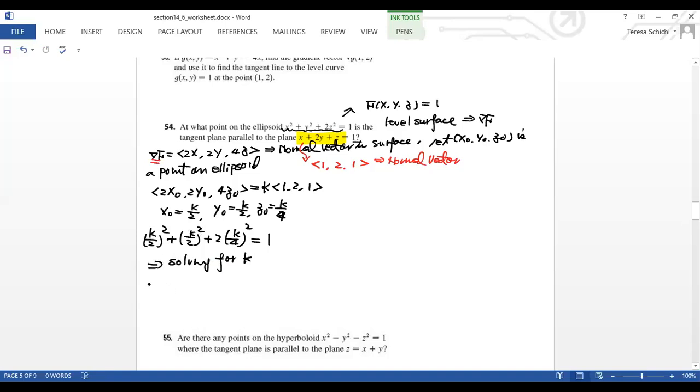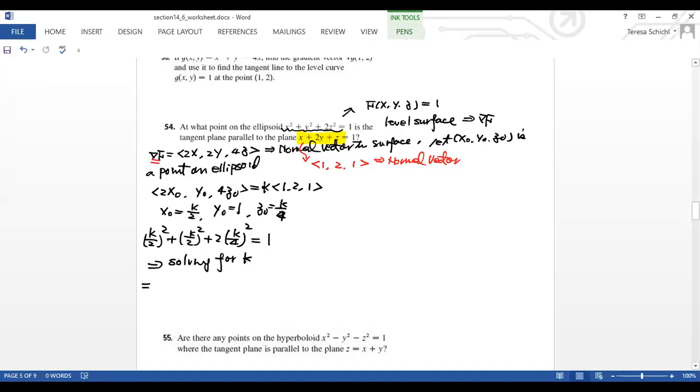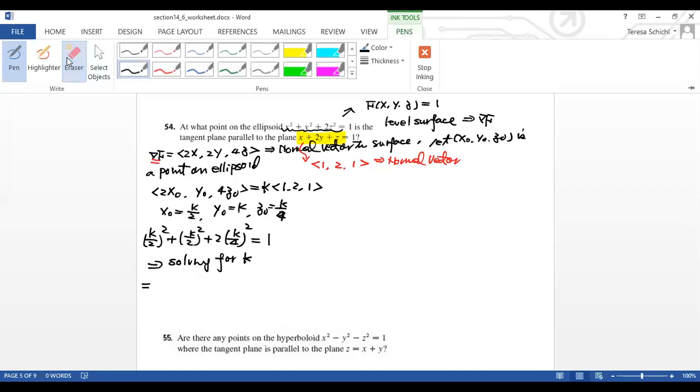So here you can say the k squared, and y0, I'm sorry, you need to be careful here. 2y0 equal to 2, so y0 is only equal to k, right? So I need to be careful here.